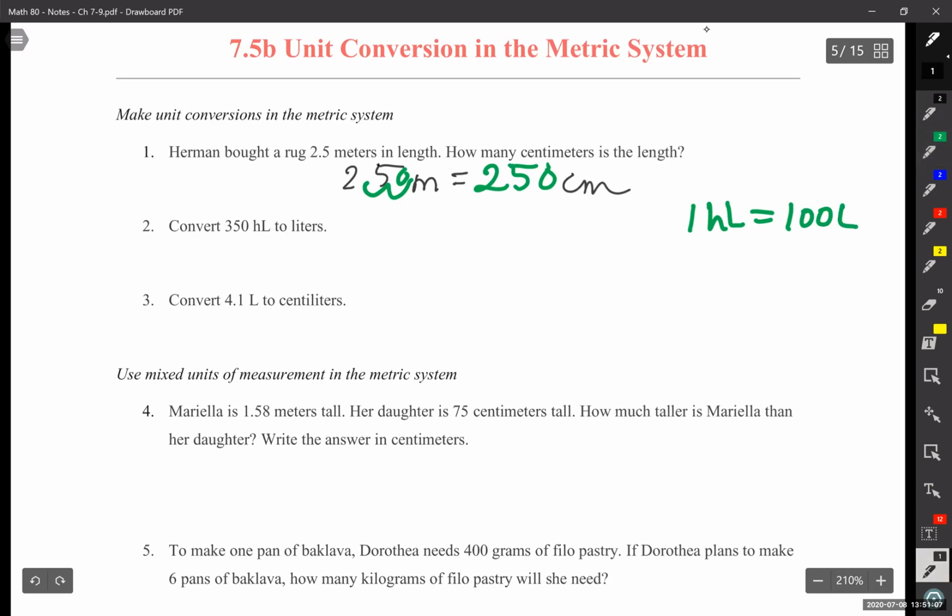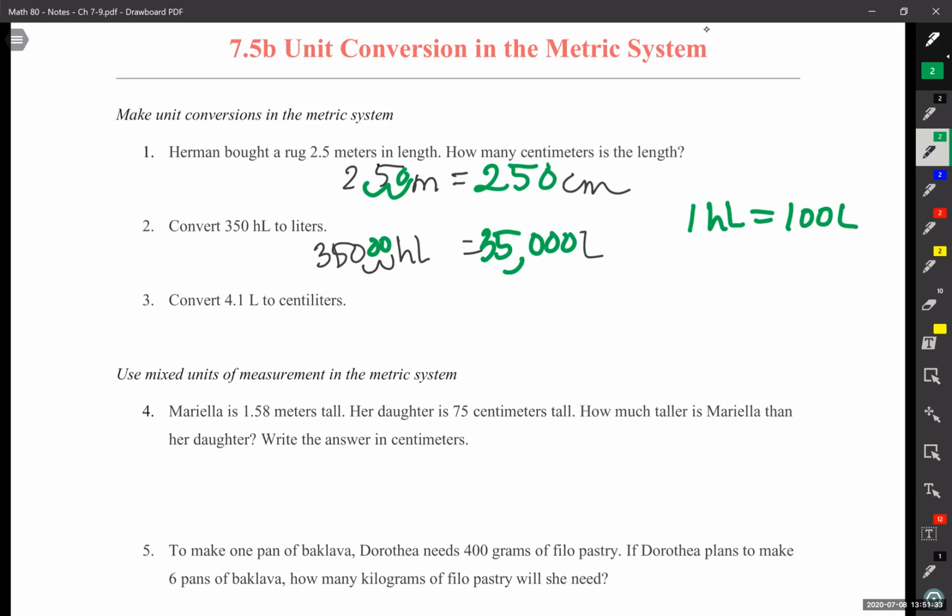In order to do this problem, we need to multiply by 100. So I need to move that decimal place from 350, I need to move it 1, 2, fill in with the zeros. So the answer is 35,000 liters.